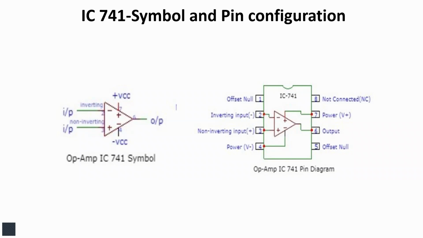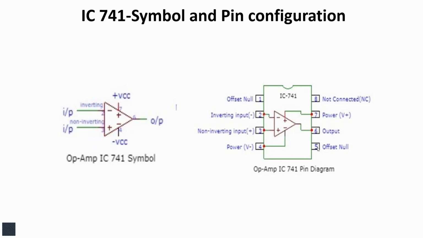DIP stands for dual-in-line package. Coming to the pin configuration, the first pin is the offset null pin. Second is the inverting input. Third is the non-inverting input. Fourth is the minus VEE. Fifth is the offset null pin again. Sixth is the output. Seventh is the plus VCC and eighth is no connect.